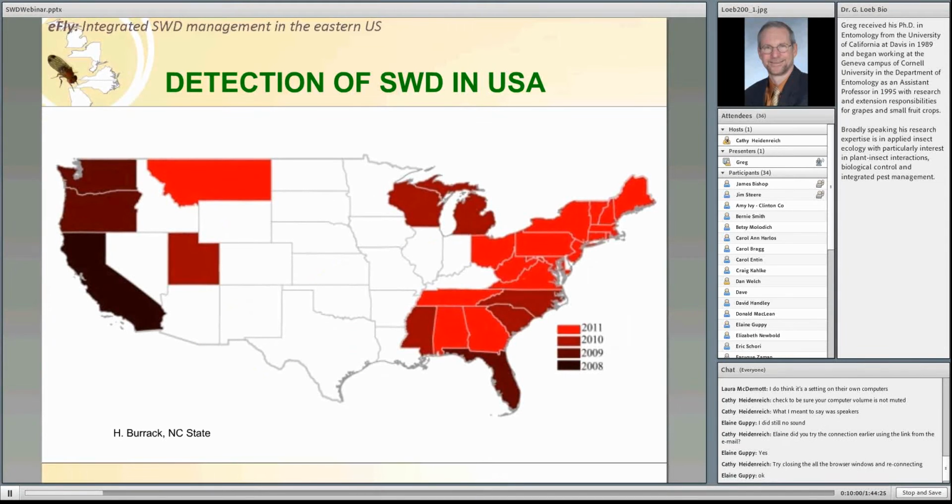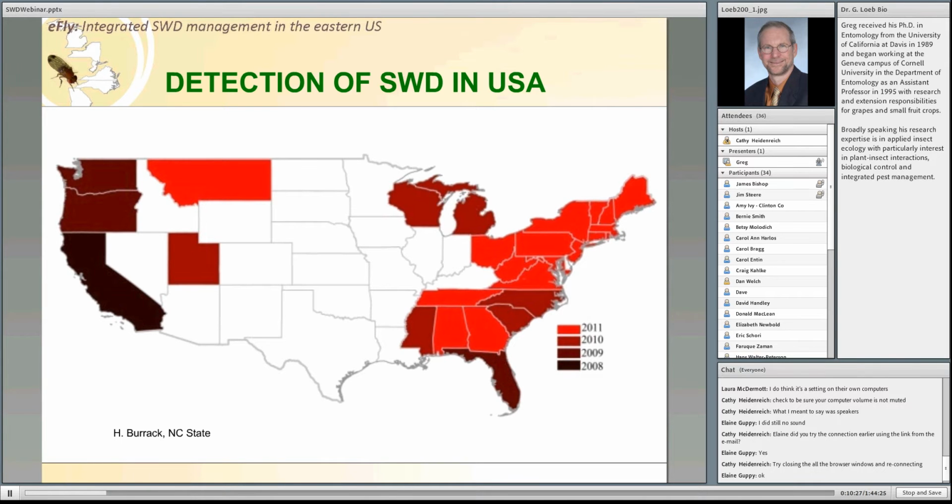It's probably still going to evolve, but it does indicate that the eastern United States is going to be an area of high colonization and establishment. So, as I said, it was originally found in California in 2008, affecting several fruit crops, and I'll talk about that in a second, up into the northern states, Washington and Oregon, and then into Canada.